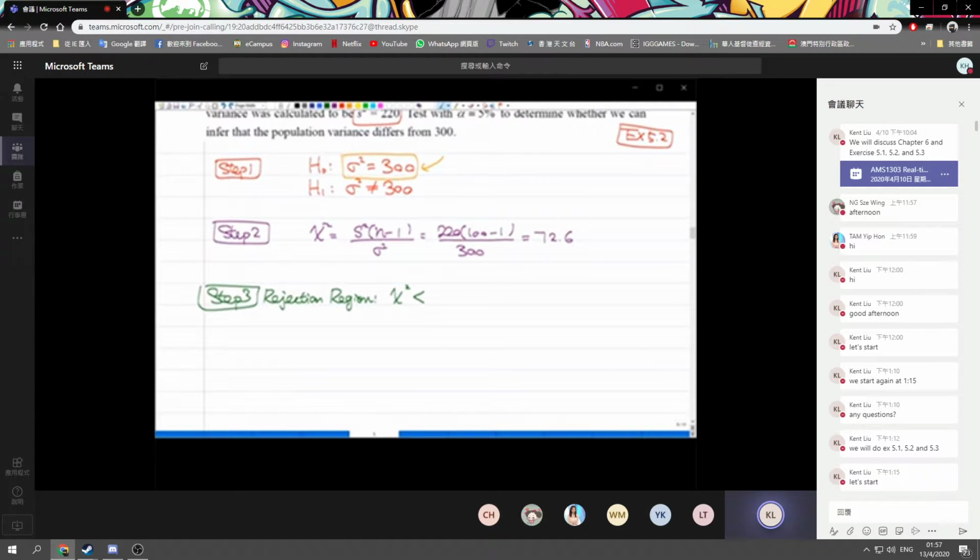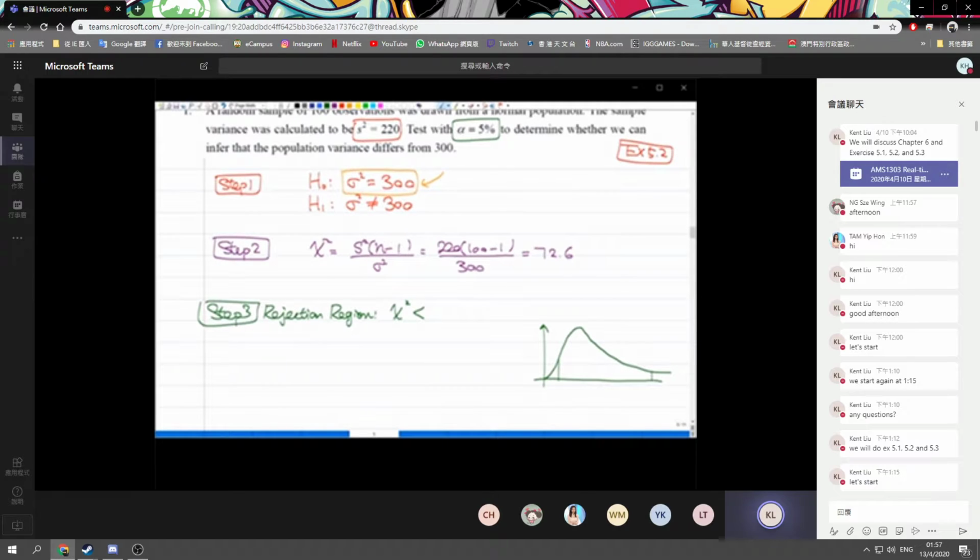So typically, a chi-square distribution looks like this, and we divide it into two parts. Here we are using alpha equal to 5%, so on this side you have 2.5%, and 2.5% here.